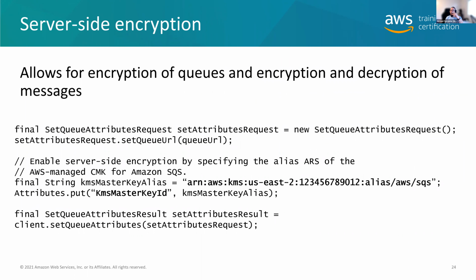Just know that if you have encrypted messages on the queue and an EC2 instance pulls that message, in order to decrypt it, that EC2 instance has to have the KMS decrypt permission. If you're a producer putting encrypted messages on a queue, you have to have the decrypt and the generate data key permissions. So you have to add additional permissions if you put encryption on a queue.